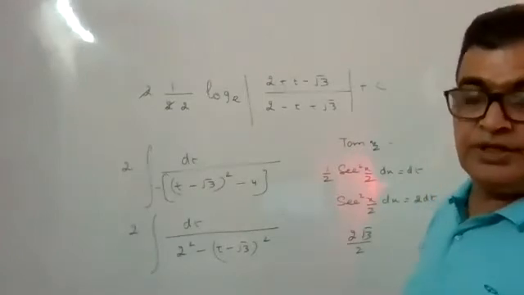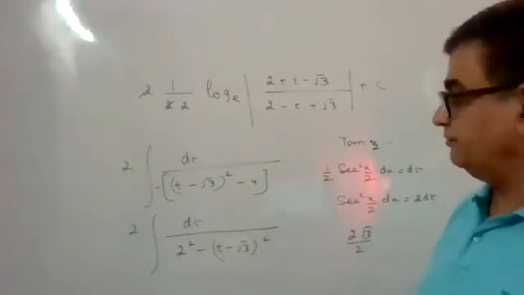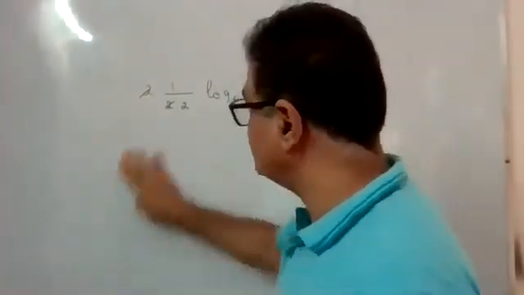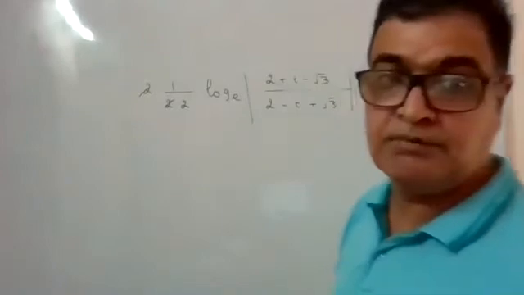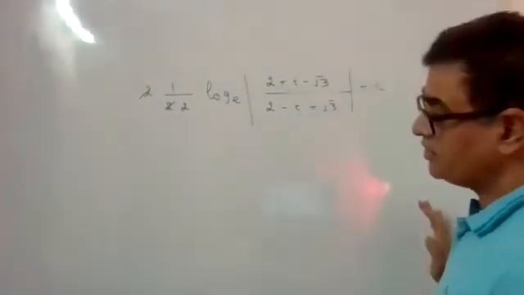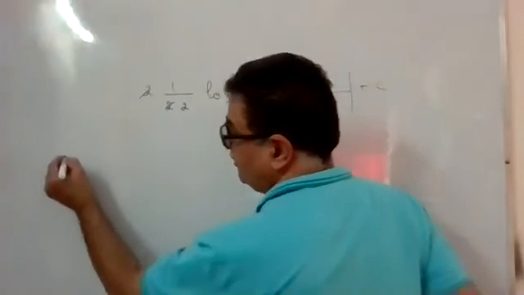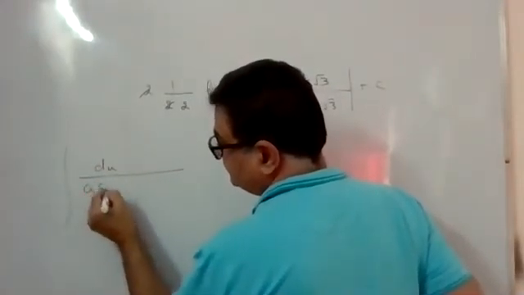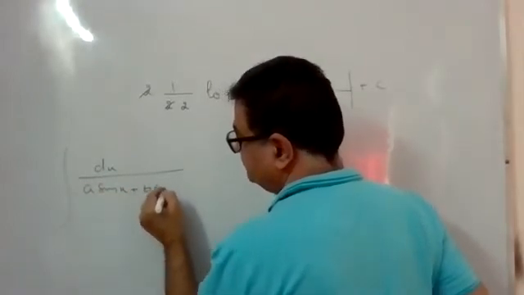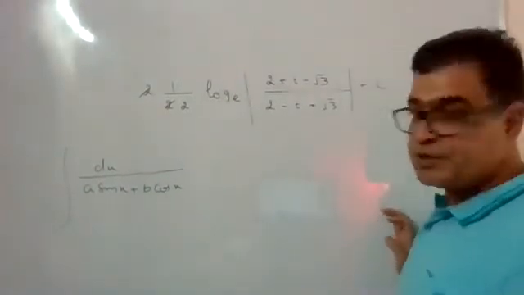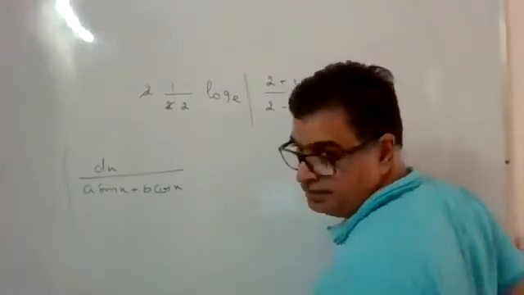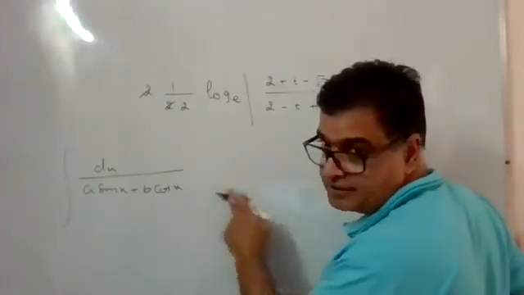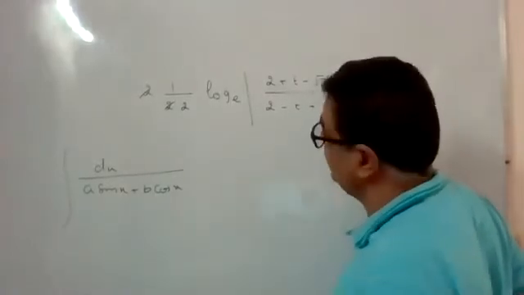There is another way to integrate this particular type of question. And that also you should remember, because sometimes the question comes in proof. So in that special form, if they ask, we should go by the special way. Whenever this form comes, one option I already told you is to convert into tan x by 2 by 1 plus tan square x by 2, and 1 minus tan square x by 2 by 1 plus tan square x by 2.